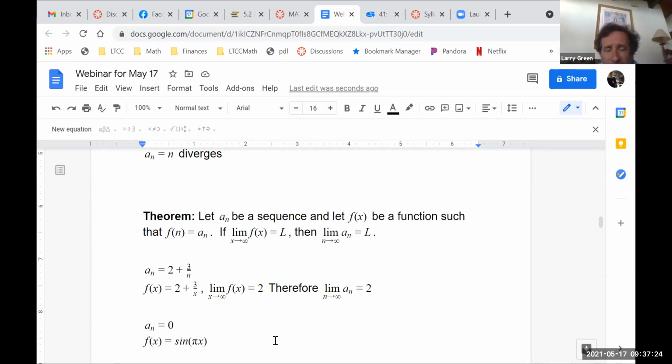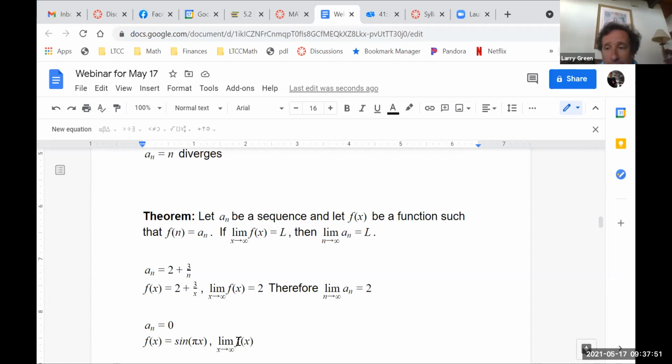On the other hand, if you take the limit as x goes to infinity of f of x, well, the sine of pi x, now we're talking about x. We're not talking about integers anymore. Now x is a real number. Sine, hopefully you know, goes up and down and up and down forever, right?